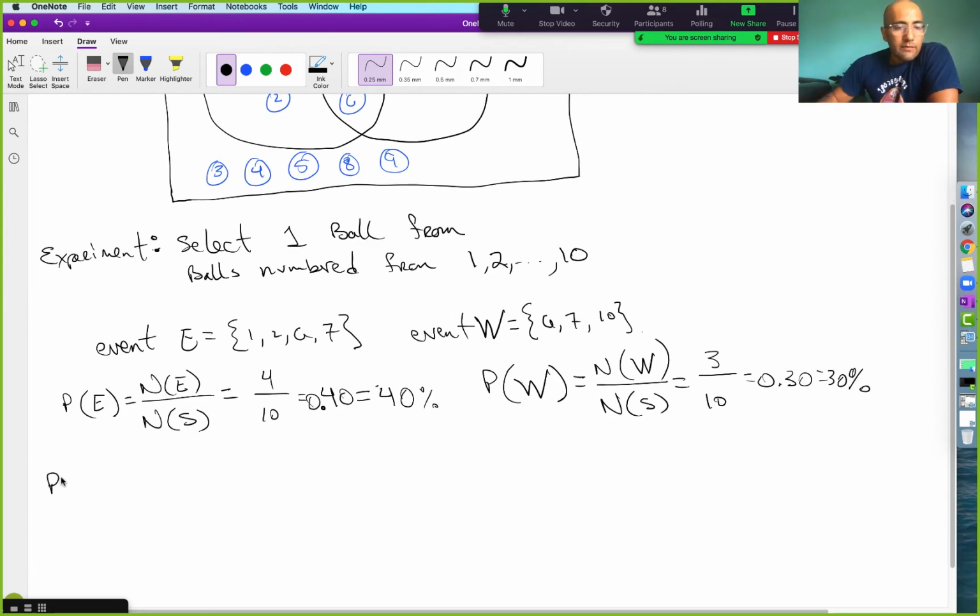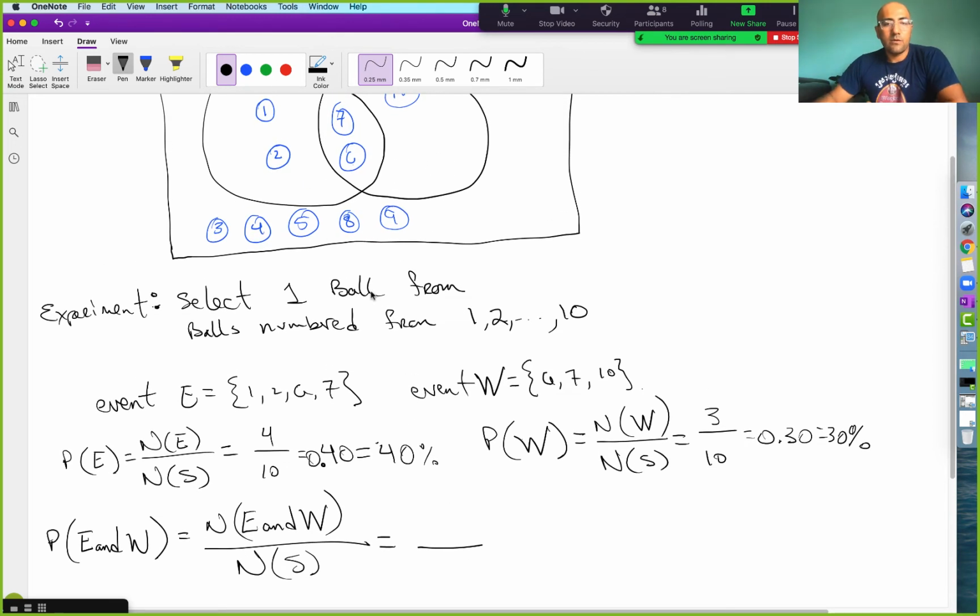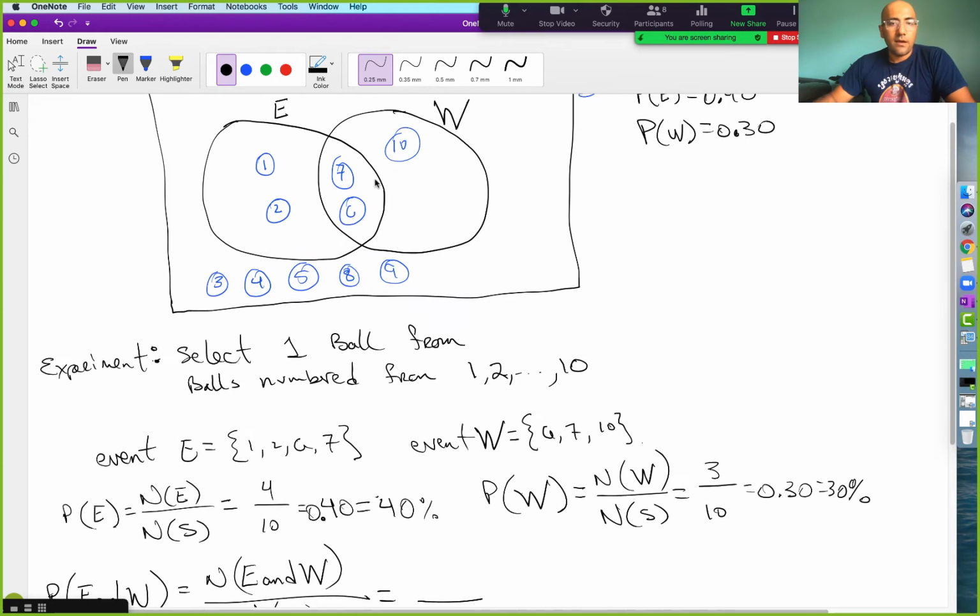So the probability that we have event E and event W is equal to the number of ways in which event E and W can happen at the same time, divided by the number of ways in our sample space. Good. That is going to end up being equal to 1, 2, right? That's how we can count them.